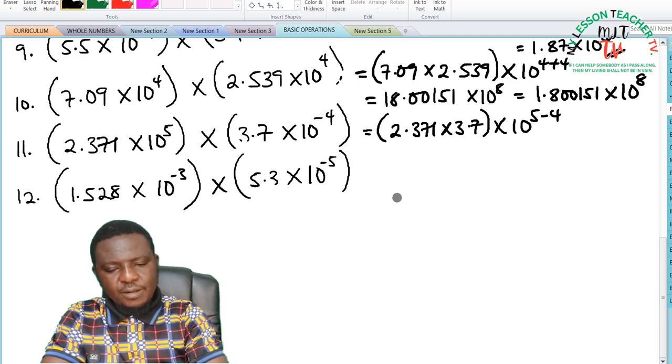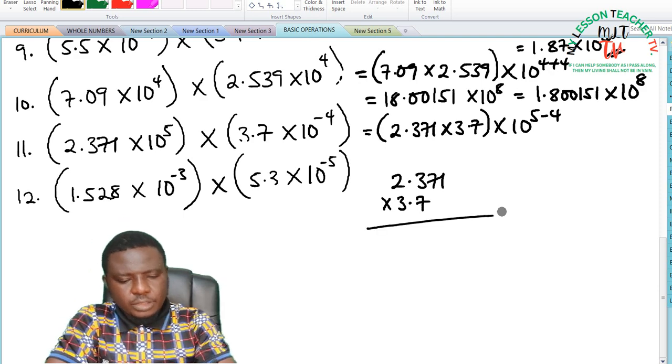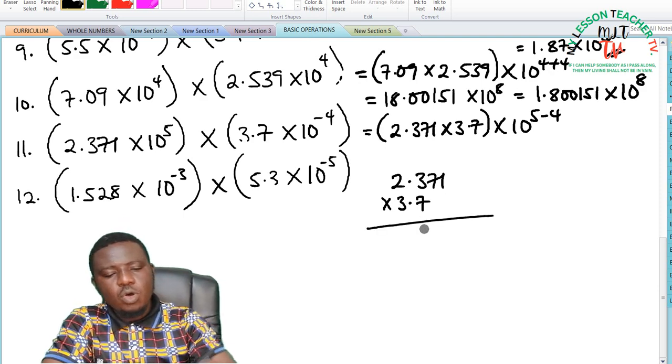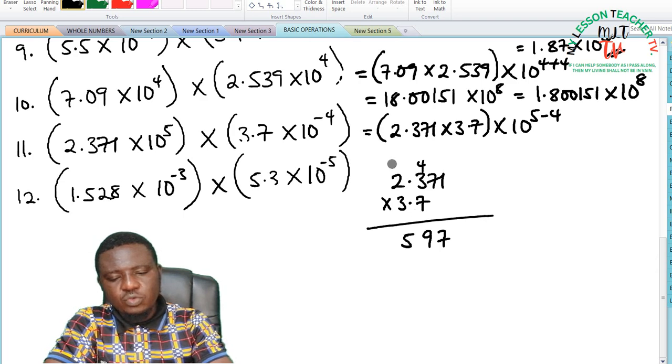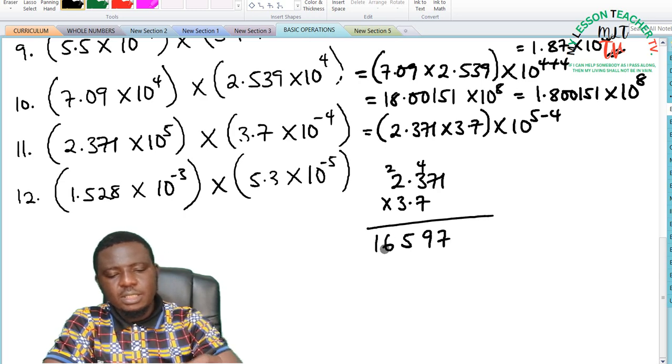And when you multiply 2.371 by 3.7, this is going to be 7 times 1 is 7. 7 times 7 is 49. 9 carry 4. 7 times 3 is 21. 21 plus 4 is 25. 5 carry 2. 7 times 2 is 14. 14 plus 2 is 16.